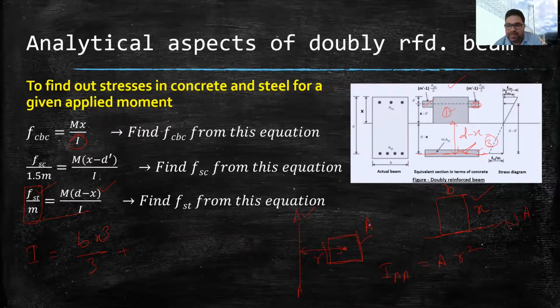If I multiply this area with R twice, it becomes the second moment of area, and this second moment of area is the moment of inertia.